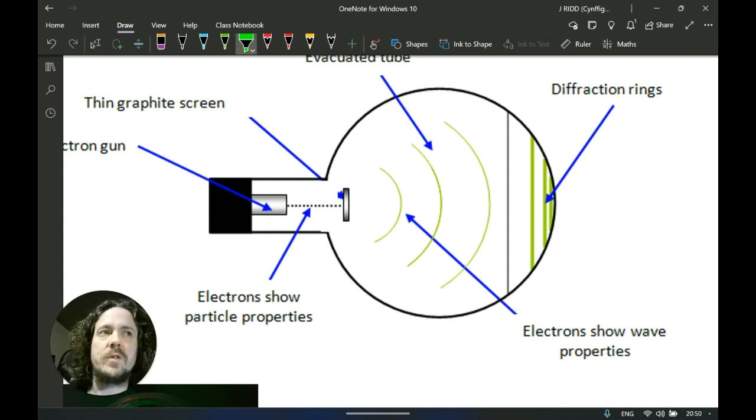And when that happens, you get maximum diffraction, you get the spread out of the wave. So if you were to fire electrons, which don't really have a perceivable wavelength, or so we thought, through a really small gap, then what might happen?